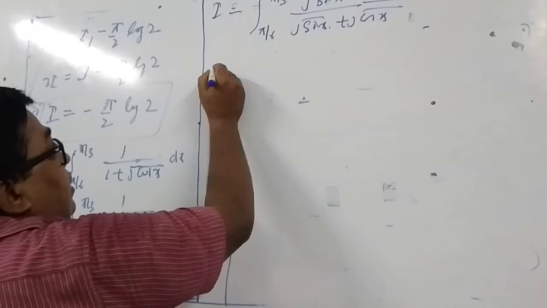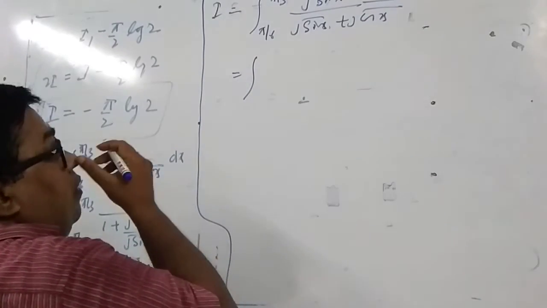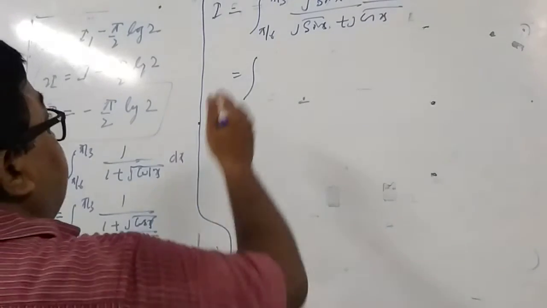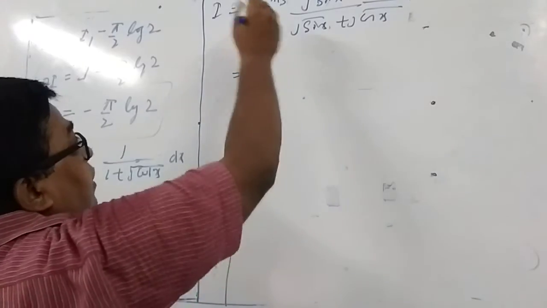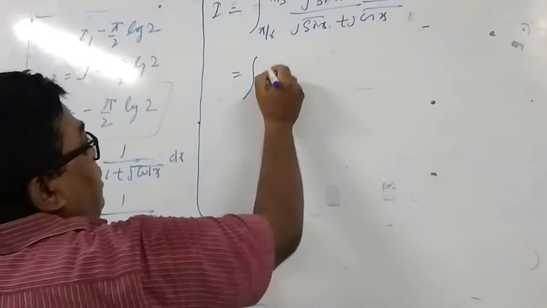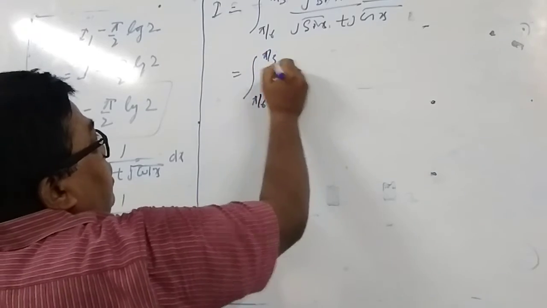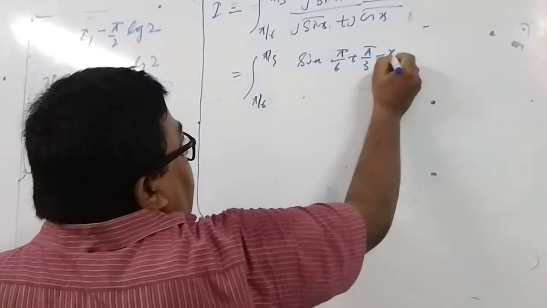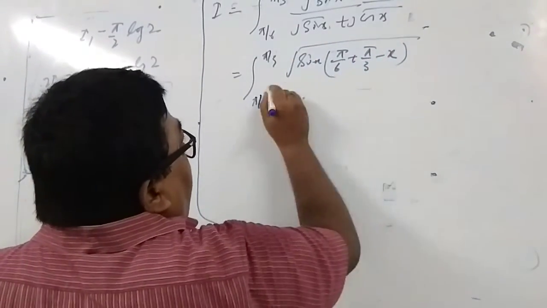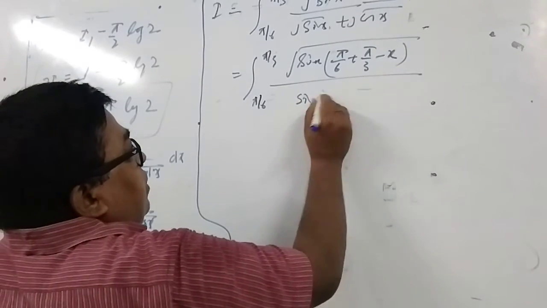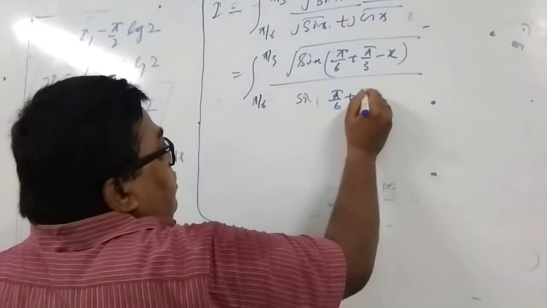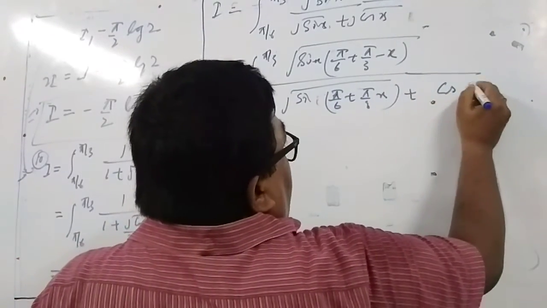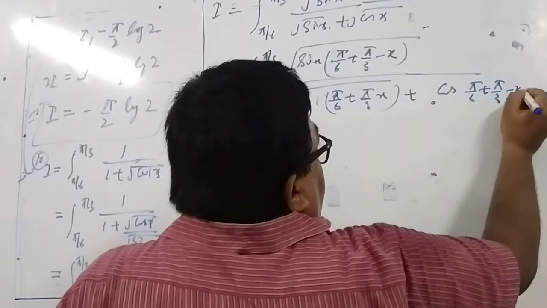Applying the property number 6 here, that is upper limit plus lower limit minus x in the function, that is the integral from pi by 6 to pi by 3 of root sin of (pi by 6 plus pi by 3 minus x) upon root sin of (pi by 6 plus pi by 3 minus x) plus root cos of (pi by 6 plus pi by 3 minus x).